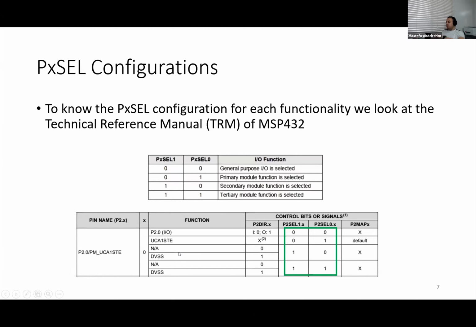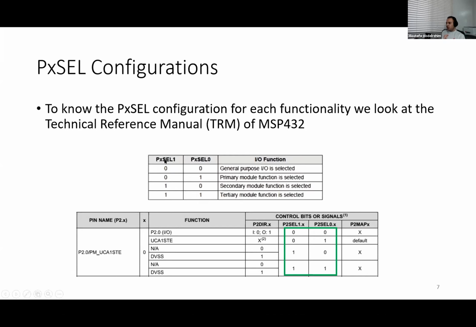So basically what I want to say is that for each port there are 2 registers called selection registers. We call them in general PxSEL1 and PxSEL0. Px is actually the port number. So for port 1, this will be P1SEL1 and P1SEL0.